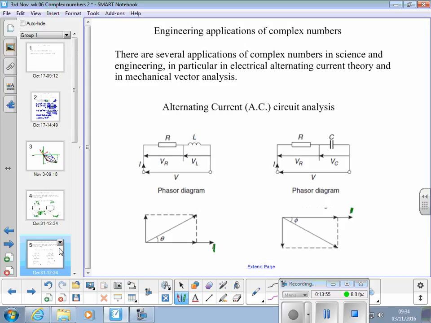What we get here is a voltage across the resistor that is in phase with the current, the same angle. For the inductor, we get a voltage across the inductor that is 90 degrees ahead of the current and the voltage across the resistance. The overall voltage, this one, is there, and that's got an angle about it.